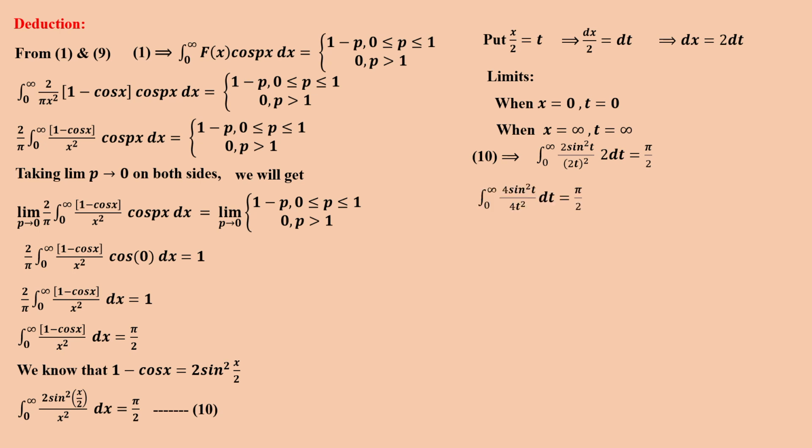So 2 sine square t by 4 t square dt is equal to pi by 2. This implies the integral of sine square t by t square dt is equal to pi by 2, right?